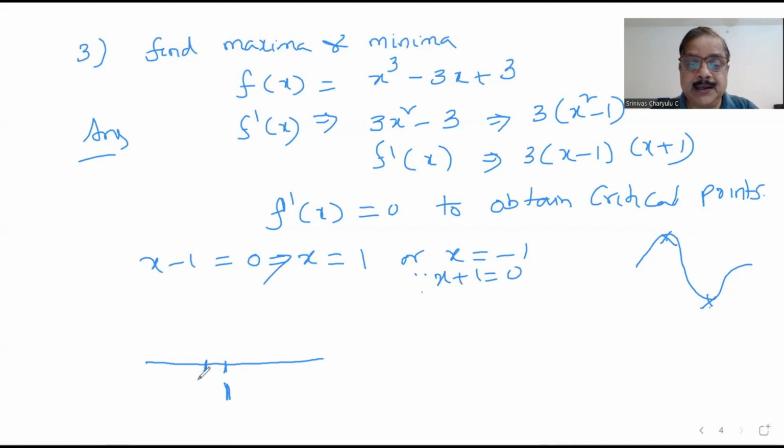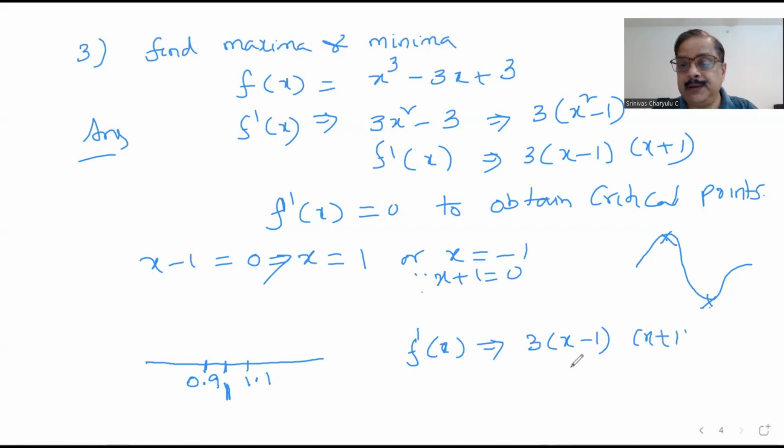Here I will be checking before 1, less than 1, so 0.9 I will take. Here I will take 1.1 and I will study f dash x. What is f dash x for me? 3 into (x minus 1) into (x plus 1). So f dash 0.9: substitute 3 into (0.9 minus 1) into (0.9 plus 1).